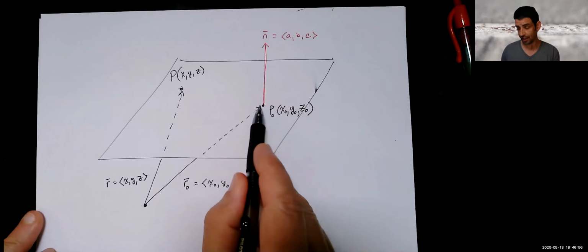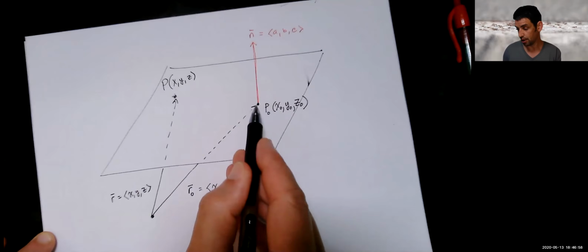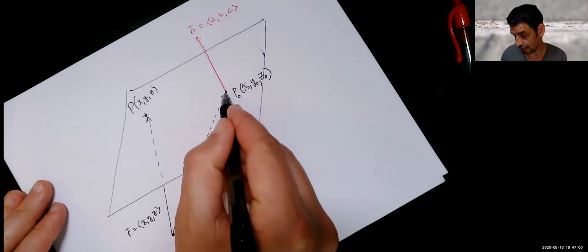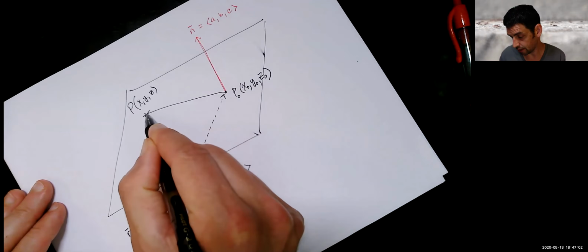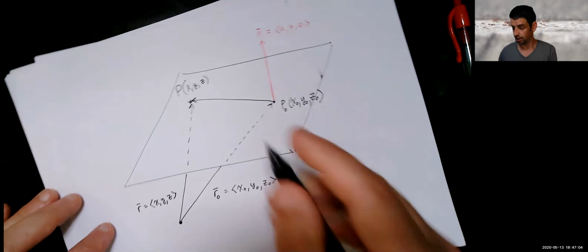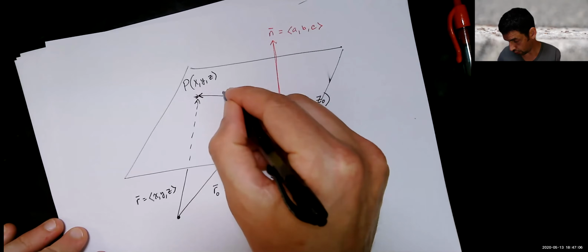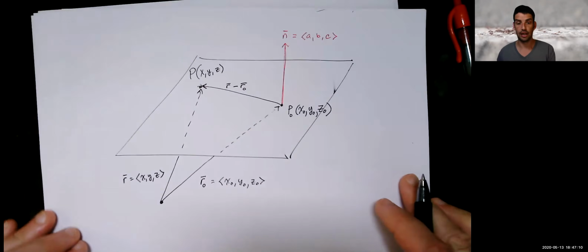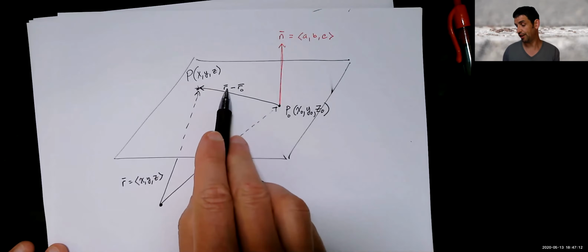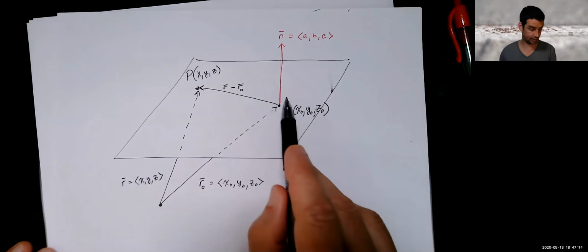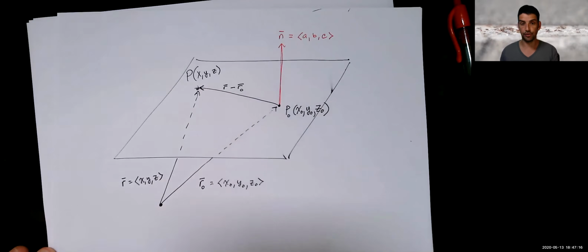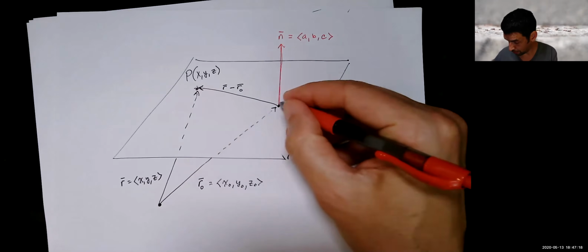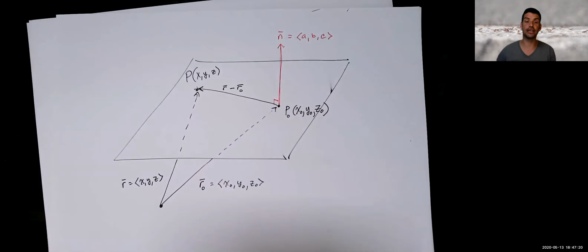Well, if I take the vector that goes from this point to any other point in the plane, this would be the vector r minus r naught, I know that this vector has to be perpendicular to n, or orthogonal. This has to be a right angle in there, okay?